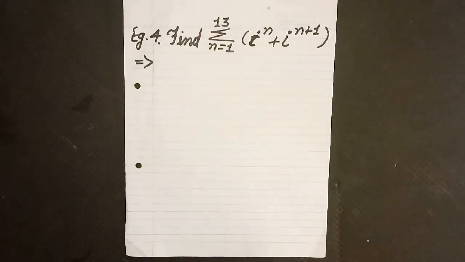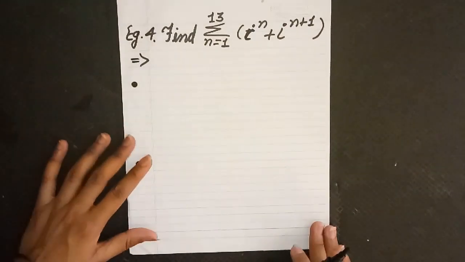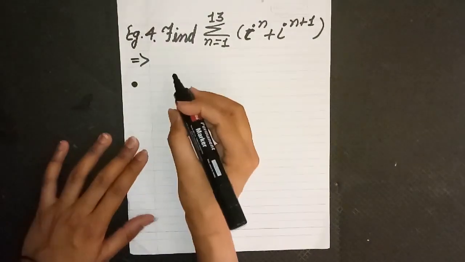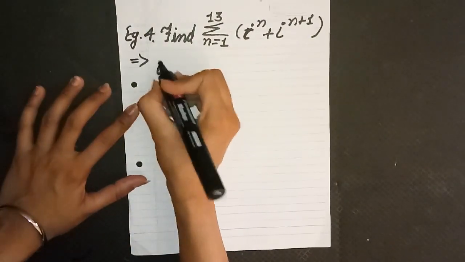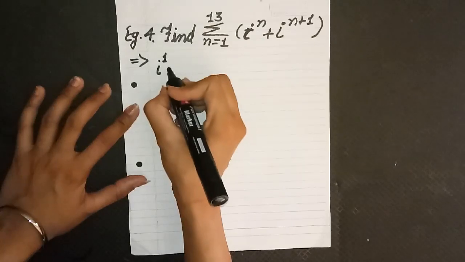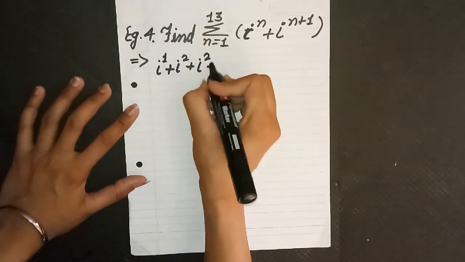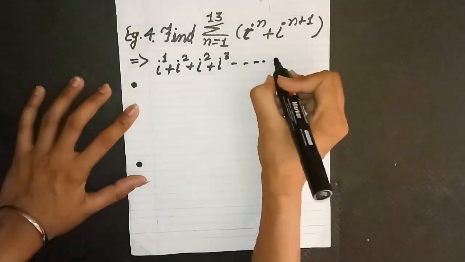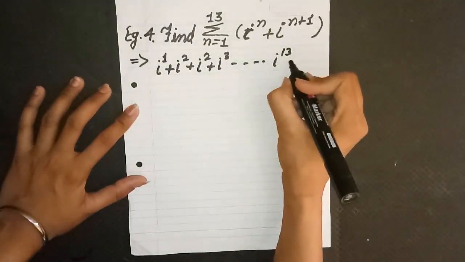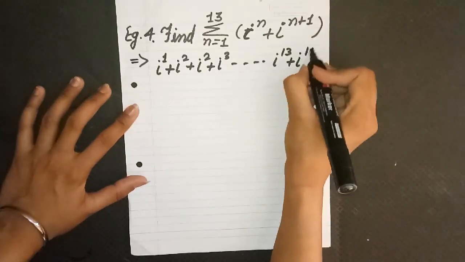Find the summation of n equal to 1 to 13 of iota raised to power n plus iota raised to power n plus 1. So let's write iota raised to power 1 plus iota raised to power 2, plus iota raised to power 2 plus iota raised to power 3, up to iota raised to power 13 plus iota raised to power 14.